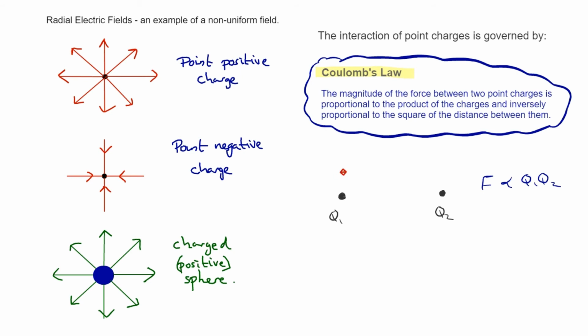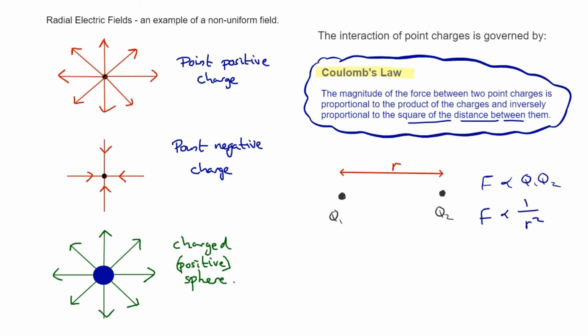If it was point charges, then they're points. If it was spheres, it would be between their centres because they're behaving like point charges. So we're going to call that distance r. And if it's proportional to the square of the distance, then that means F is proportional to 1 over r squared.